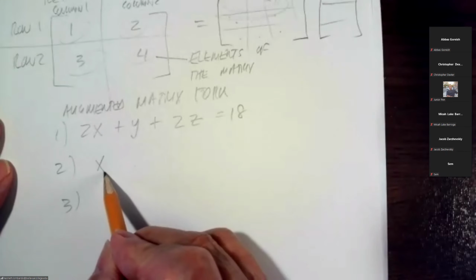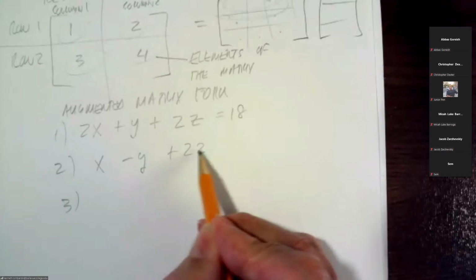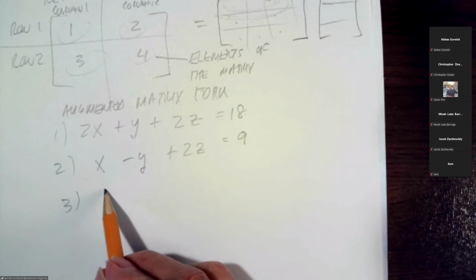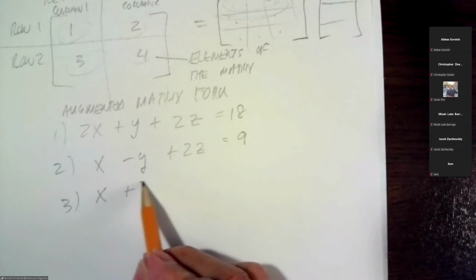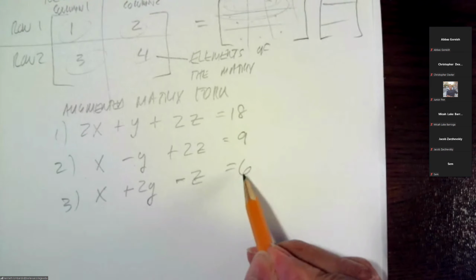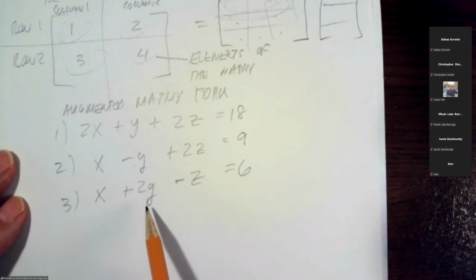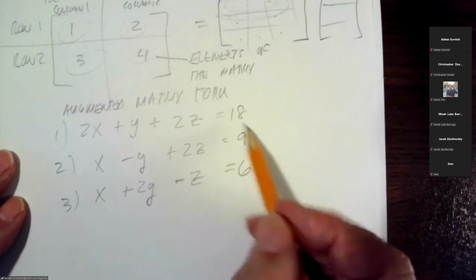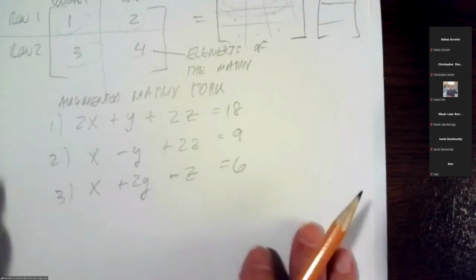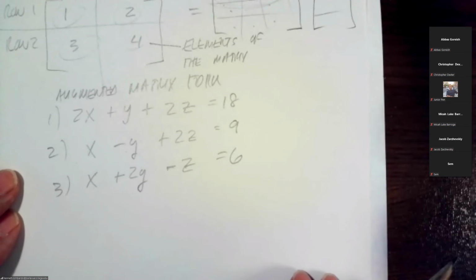And maybe x minus y plus 2z equals 9, and maybe a third equation, x plus 2y minus z equals 6. And we could start trying to solve this like we normally do, take equation 1 and 2 and eliminate a variable, and take equation 2 and 3 and eliminate a variable, and then we have a 2 by 2 and so forth. So that is a method that can be used.